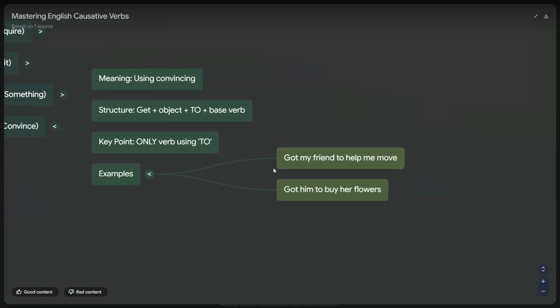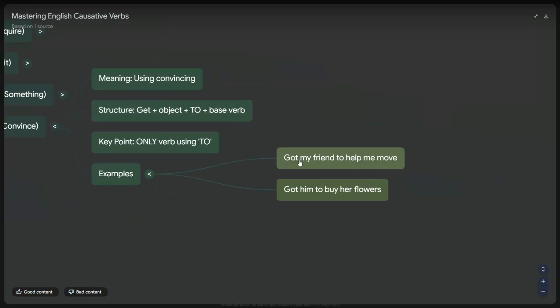One thing I missed earlier: the to is required before the base verb. For example, I got my friend to help me move. Here get becomes got. The object is my friend, and to will be applied here, and then the base verb help.